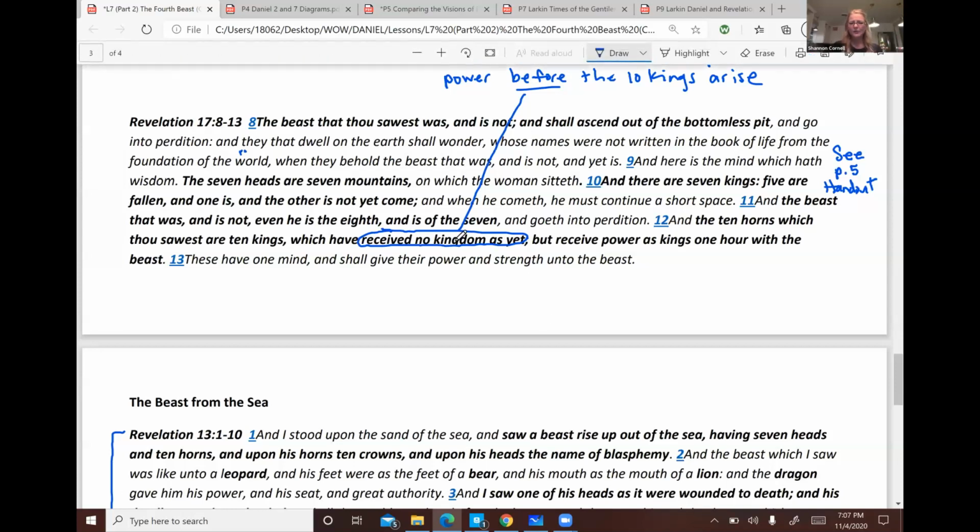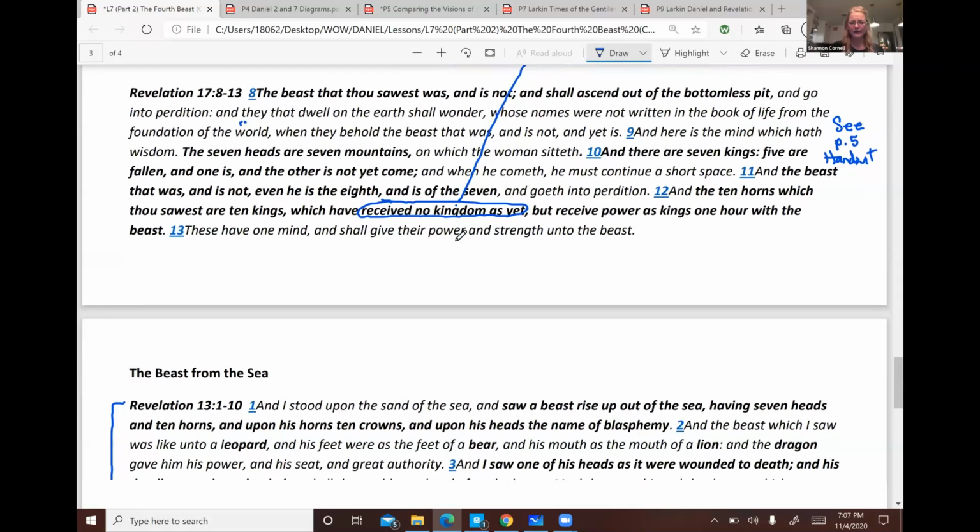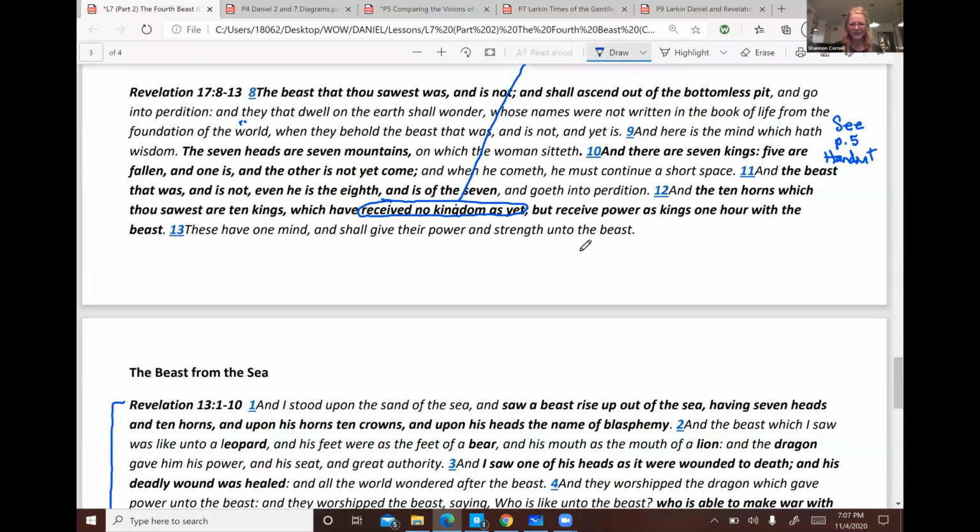Okay, so the interpretation is given in Revelation 17, and even though the interpretation is given, it's still going to leave you a little bit questioning, at least it does me anyway. So verse 9, and here's the mind which has wisdom. The 7 heads are 7 mountains on which the woman sitteth.